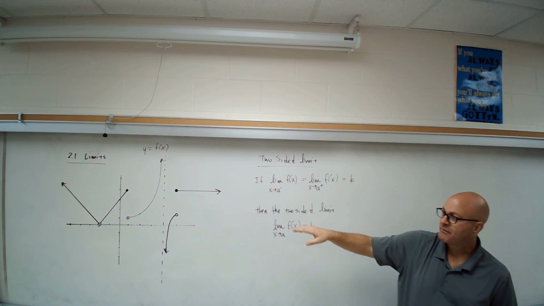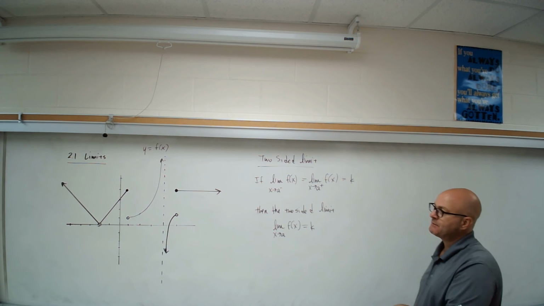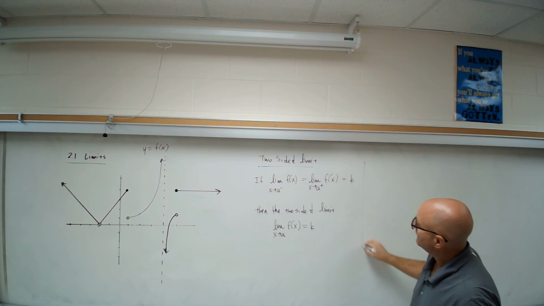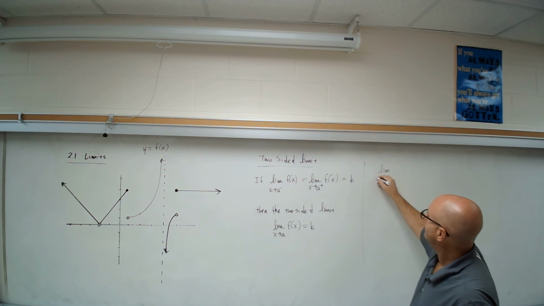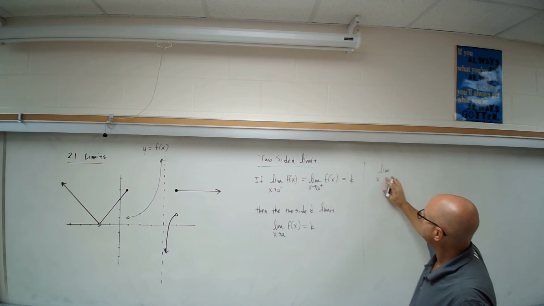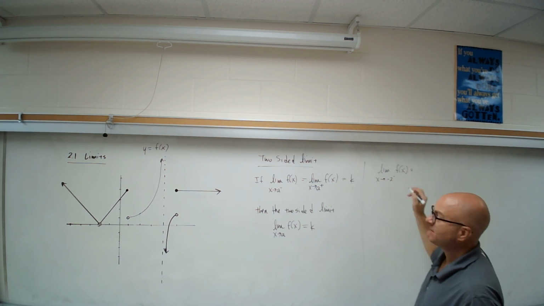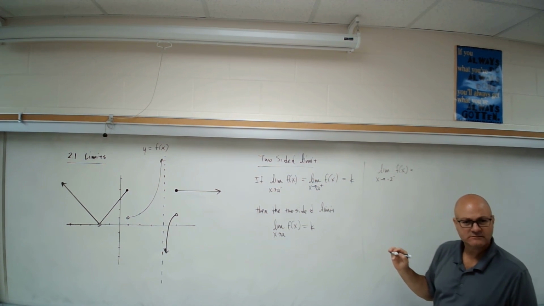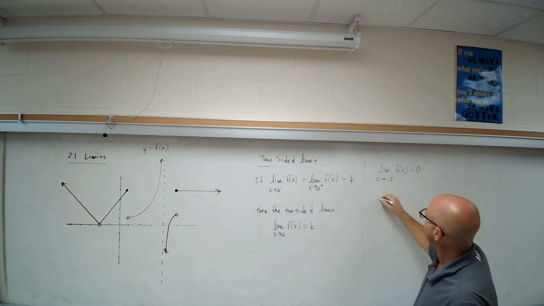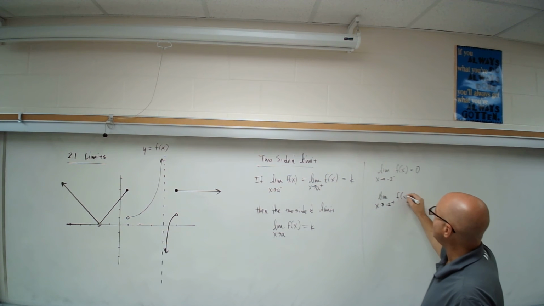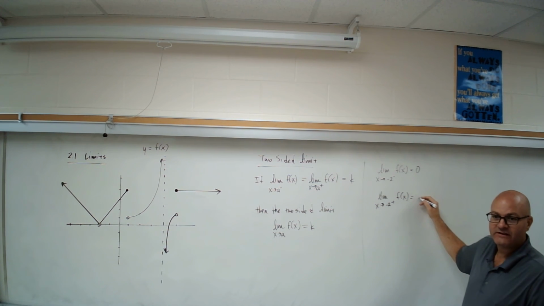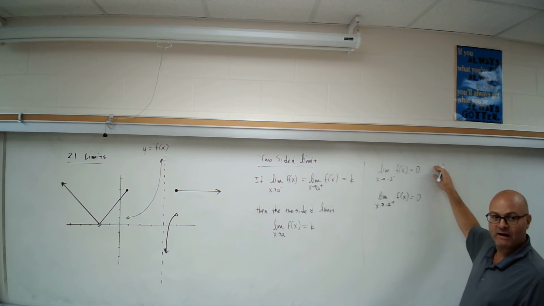So in terms of our picture here, we said the limit as x approaches -2 from the left. What did we say that was? It was 0. Good. And then the limit as x approaches -2 from the right is 0. Those are the same, correct?